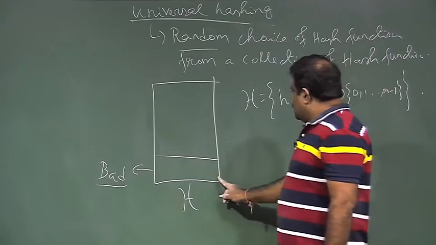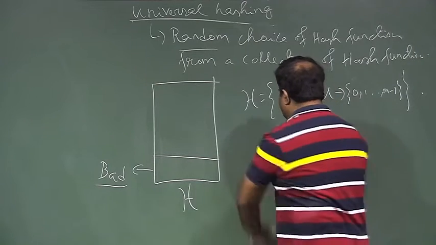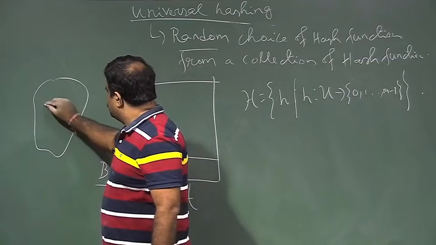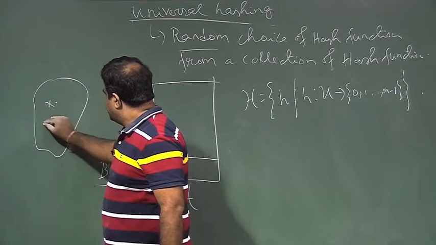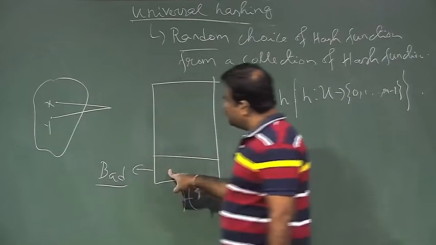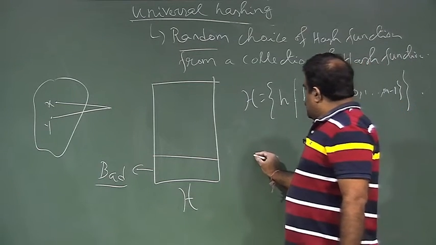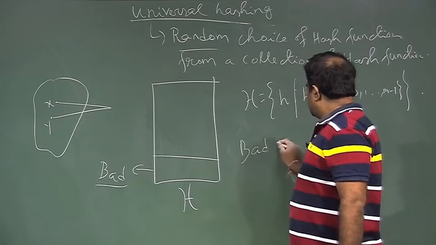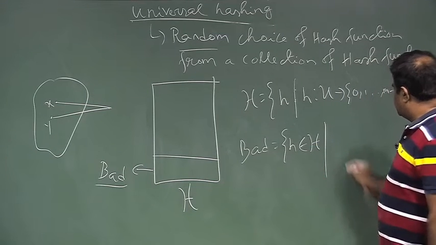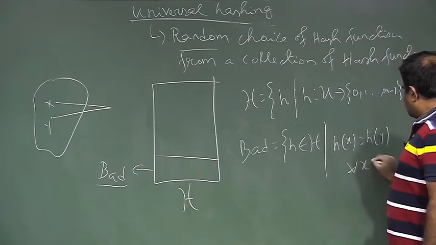That means if we choose two keys x, y from the key set, with x not equal to y, and we choose a hash function from this bad portion, then there has to be a collision. So bad is basically the subset of H such that H of x equals H of y for x not equal to y.